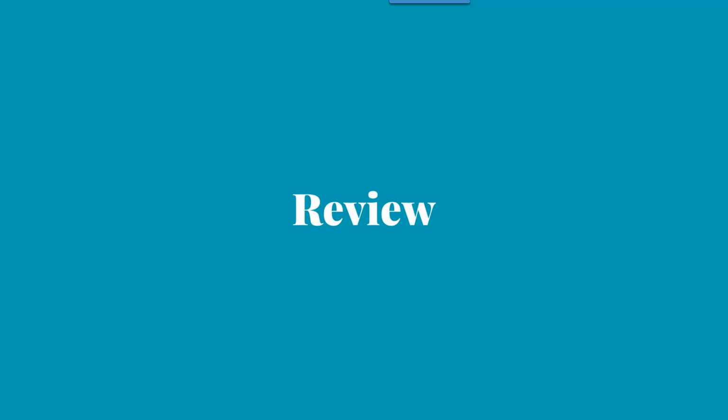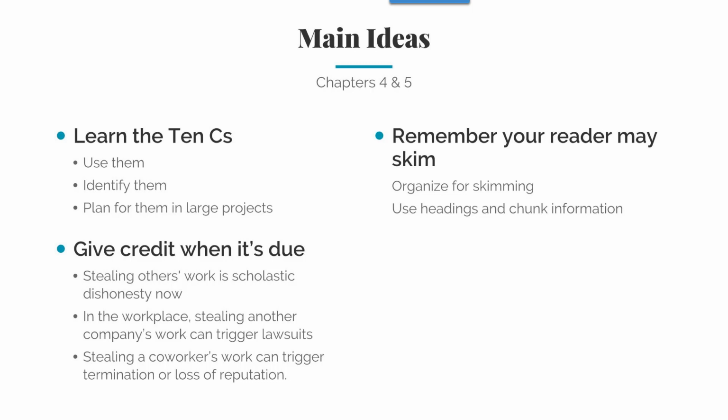All right, so in review, in chapters 4 and 5, you have a lot of things that you're going to need to do. And so I'm kind of giving you an overview because we'll get more into giving credit in chapter 5. But these are things I really want you to think about. Think about your reader and the 10 C's. Think about giving credit to other people and being aware of language itself.